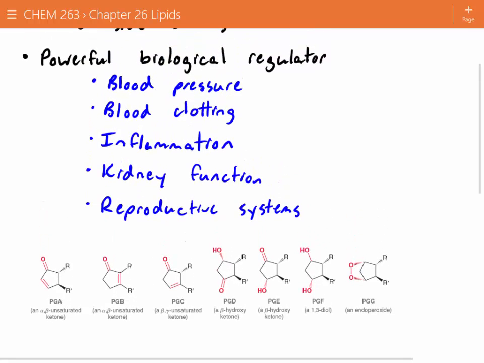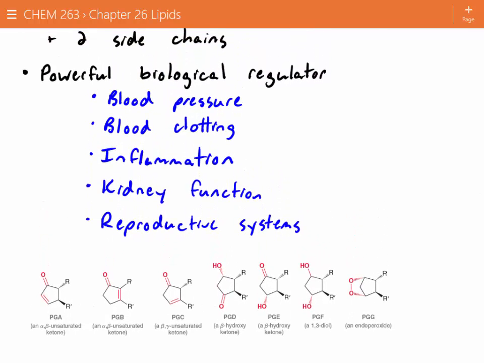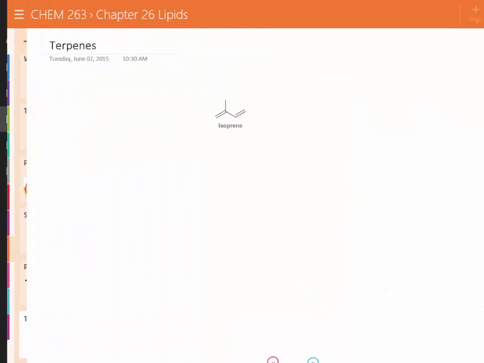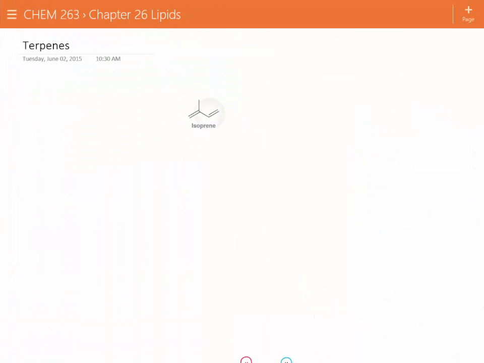All right. So now let's go to terpenes. So we've got this isoprene unit right here. And so if we count the number of carbons in our isoprene unit, we've got 5 of them.